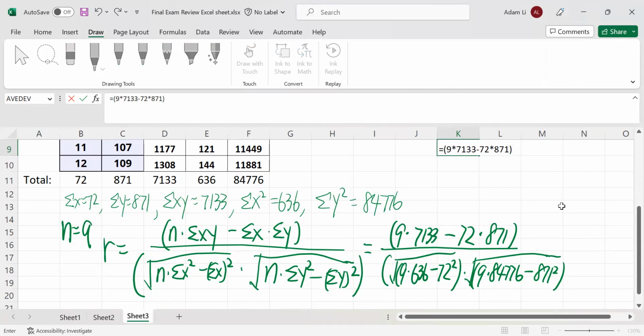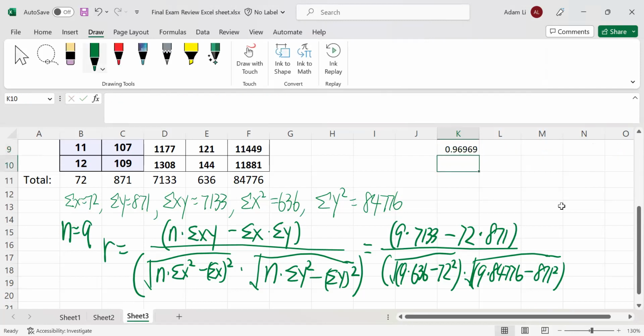That's the numerator, divided by the denominator: open parentheses, first square root, 9 times 636 minus 72 squared. And then the second square root, SQRT, 9 times 84776 minus 871 squared. And then close parentheses. That should do it. That should be the answer.